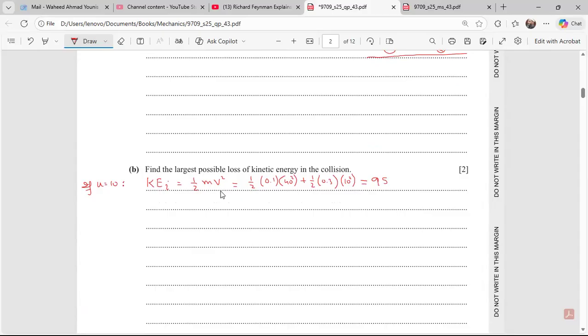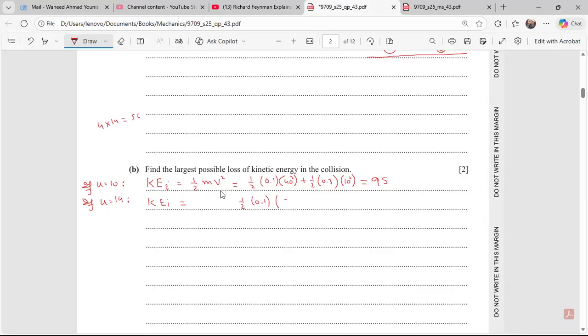And if u is considered to be 14, then the initial kinetic energy would be half times 0.1 times, now not 40, 4 times 14 is 56, right?